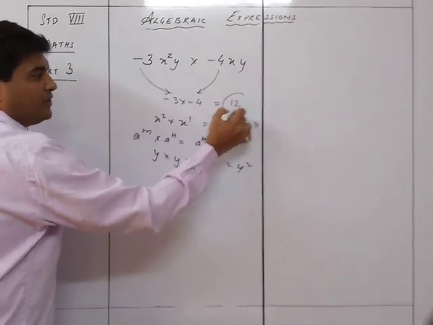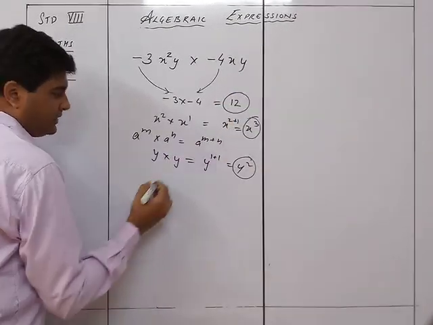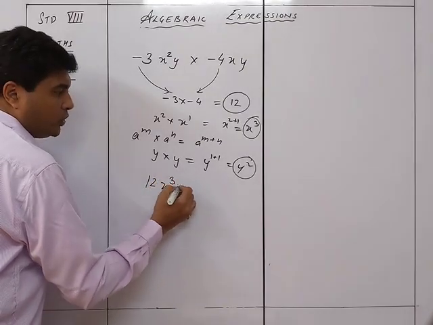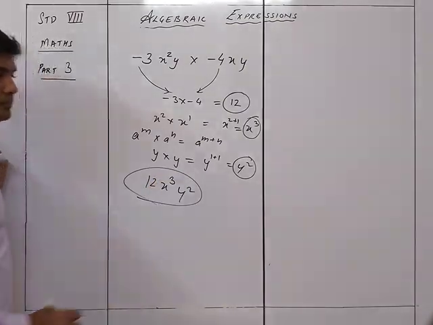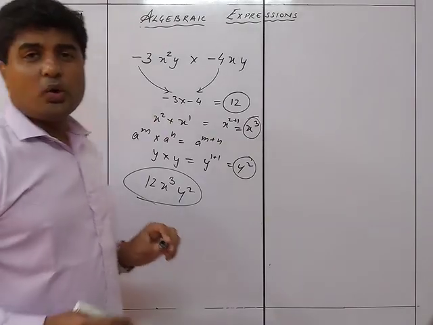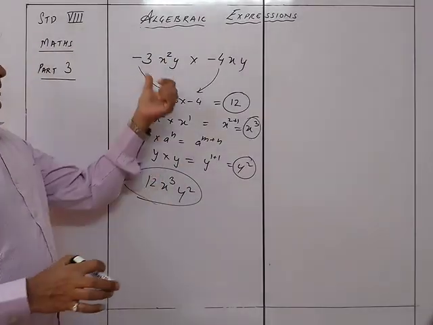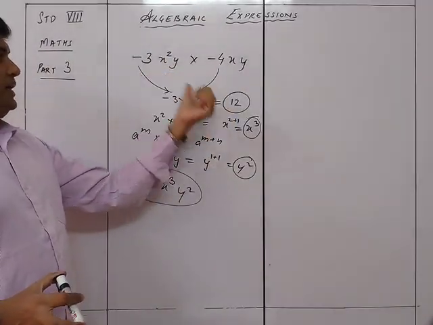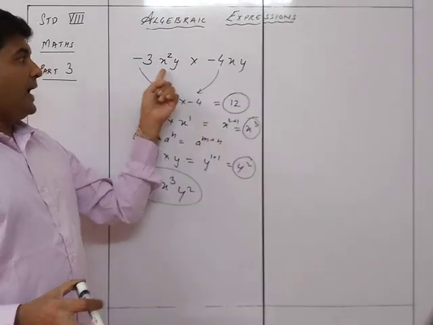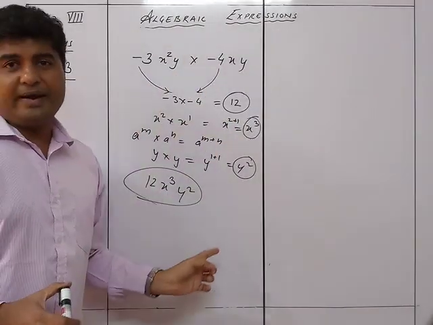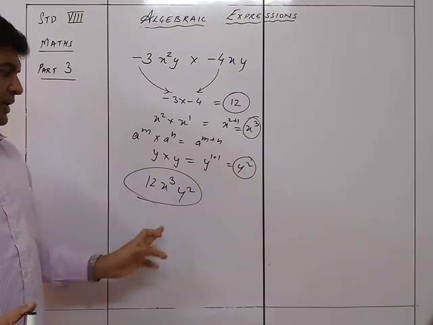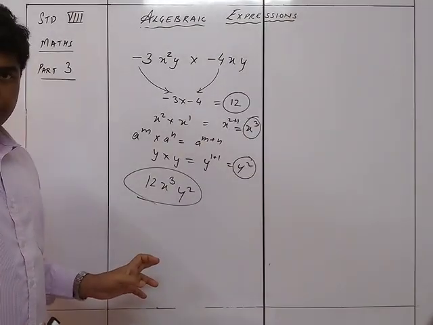Hence the total answer will be 12 x cube y square. Got it? The total value will be the product of the numerical coefficient and each and every variable multiplied together, giving you the resultant answer.